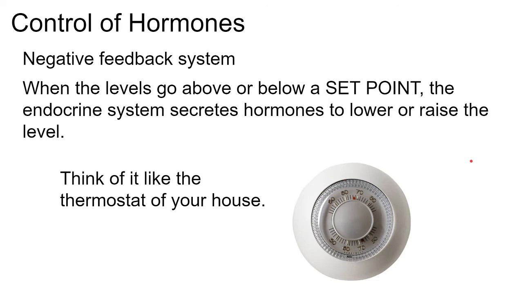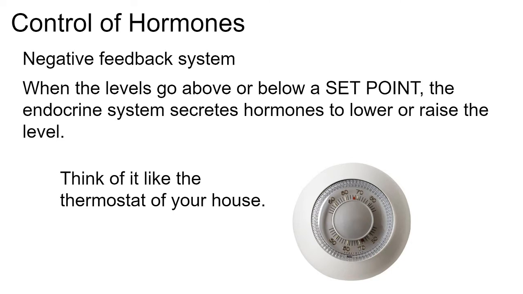So what do the hormones do? Most of them are going to be somewhat of a negative feedback system if they are trying to maintain homeostasis. Think of this like the thermostat in your house. It's set at whatever temperature you have it at. If it's wintertime and you have it set at 75 degrees and the temperature in your house drops to 72, the thermostat registers, okay, it's below where it's supposed to be, turn on the heater and heat the house back up to where it's supposed to be.